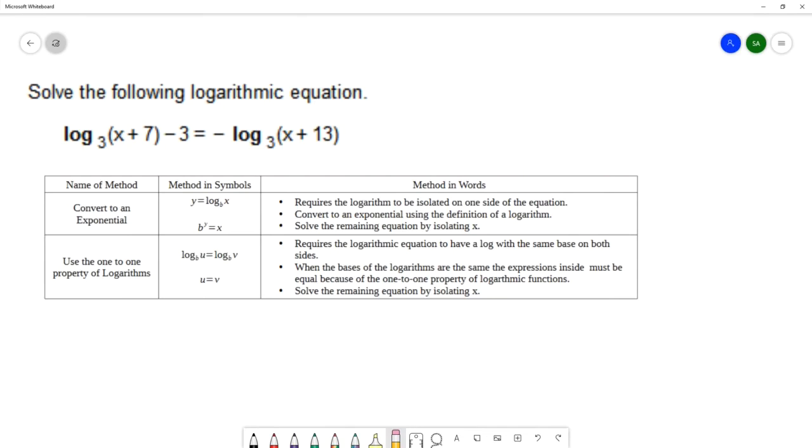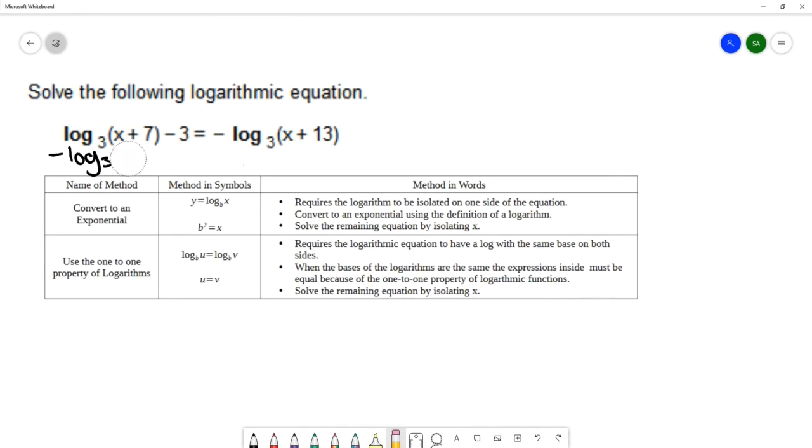What I'm going to do is move the term that has a log in it to the other side of the equation so that they're on the same side, so eventually we'll be able to use the method of converting to an exponential. If I subtract log base 3 of (x + 7) on both sides, that's going to be a little bit messy, so I'm going to try something different.